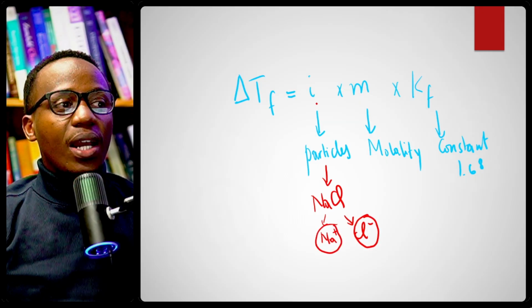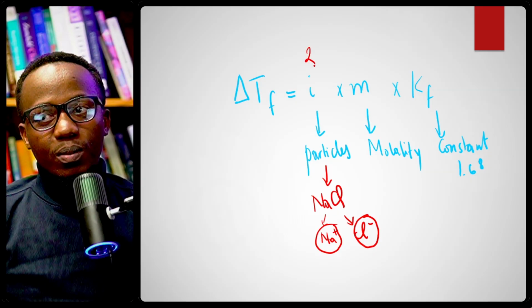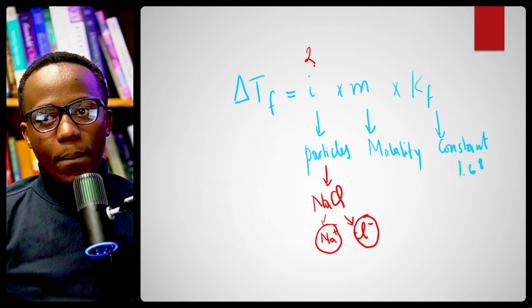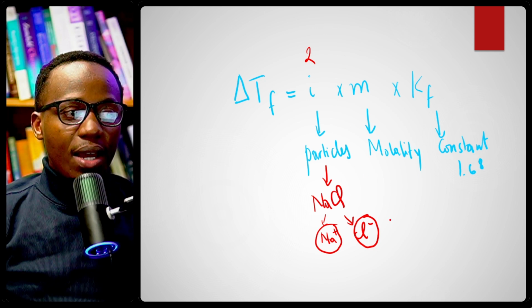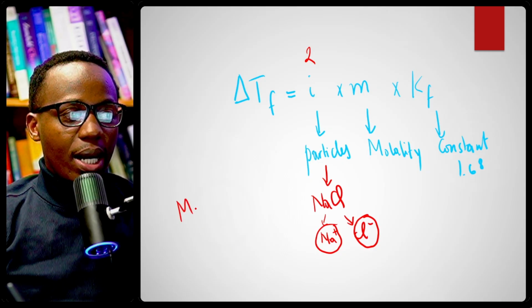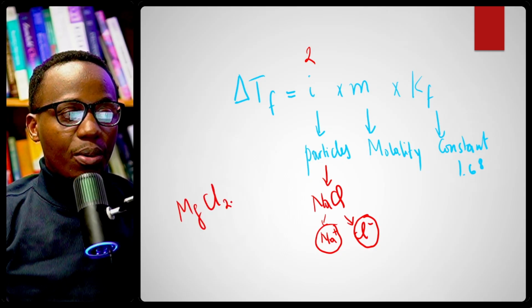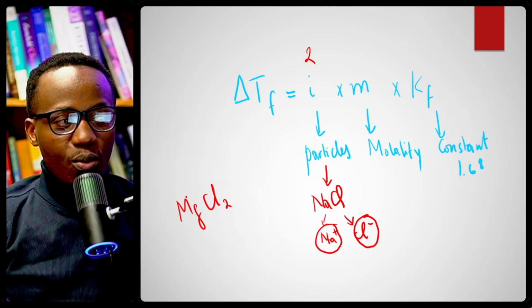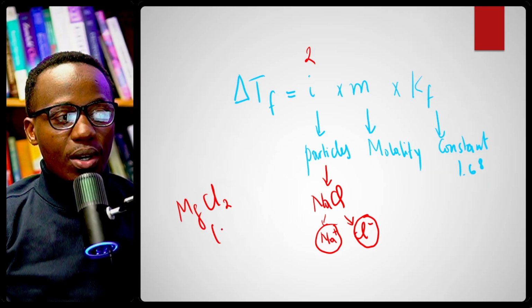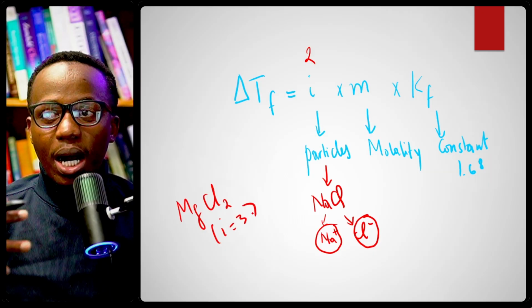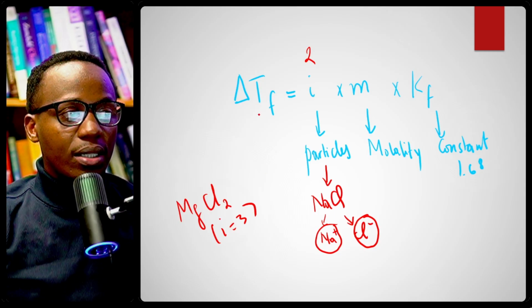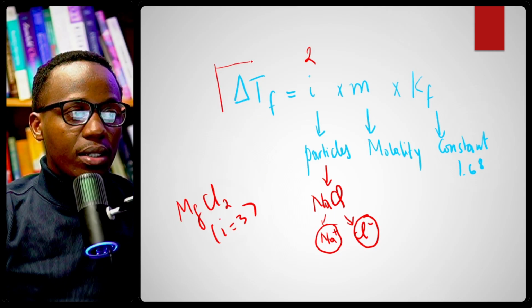So the i for NaCl will be 2. It's an important distinction to know. I for NaCl will be 2. The i for magnesium chloride, for example, will be 1 magnesium and 2 chloride ions. So i will be 3 here. So it's the number of particles, the number of things that are dissolved.